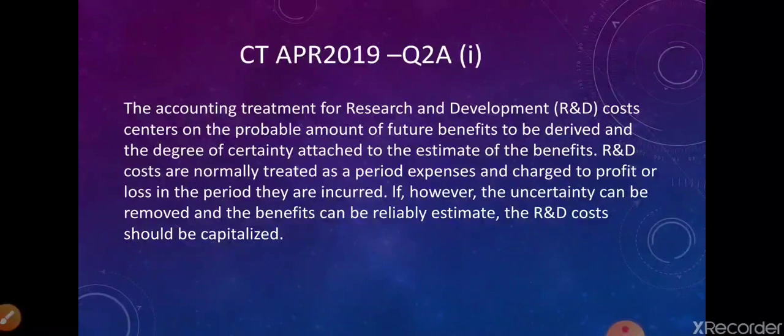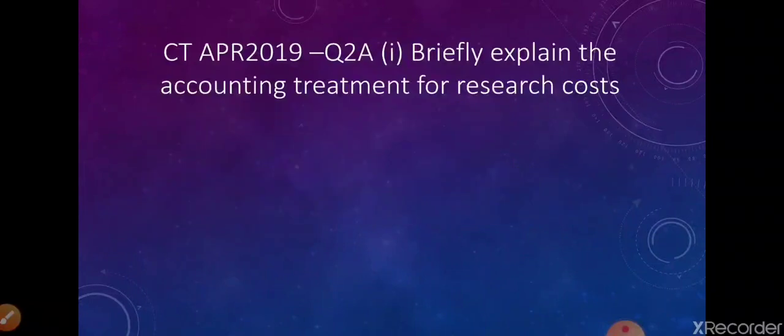R&D costs are normally treated as period expenses and charged to profit or loss in the period they are incurred. If, however, the uncertainty can be removed and the benefits can be reliably estimated, the R&D cost should be capitalized. So this is a statement for question 2A1.